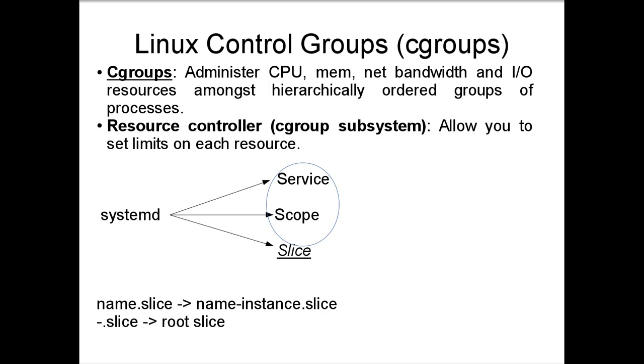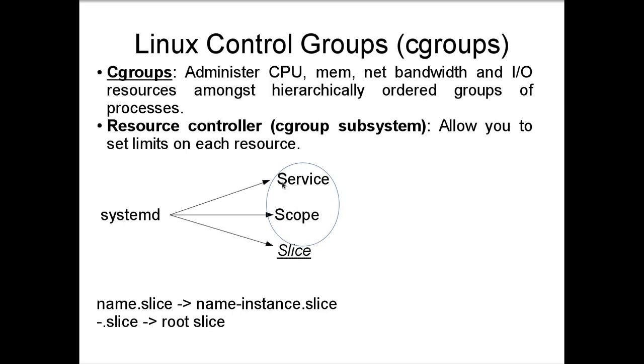So, going back to the cgroup hierarchies, we have, first of all, slices. Slices, which are underlined here and in italics, because in themselves they don't actually contain any processes, but they provide the blueprint for organizing a hierarchy around processes. In particular, a slice might contain a service or a scope.